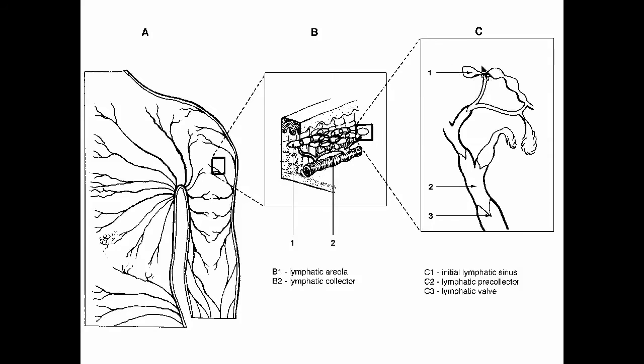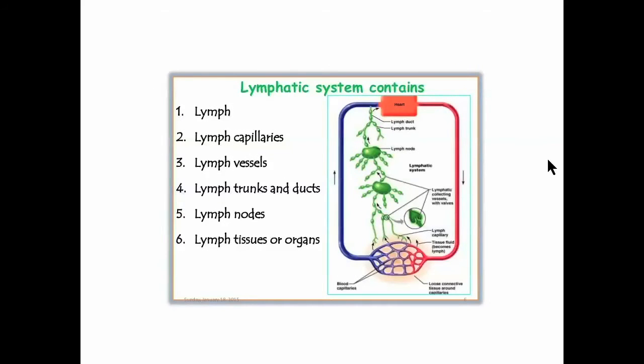Here we have the initial lymph sacs, or sometimes one can call them capillaries, and there is shown schematically here the overlapping relationship of the endothelial cells that allows for rapid entry, and eventually these will coalesce into pre-collectors, which become collectors once they are invested with the lymphatic valvular apparatus and with the smooth muscle cell coat, and then progressing to distal points within the anatomy. So the lymphatic system contains all of these structures in this general order, starting with the formation of lymph and progressing onward all the way to the lymph tissues and organs.